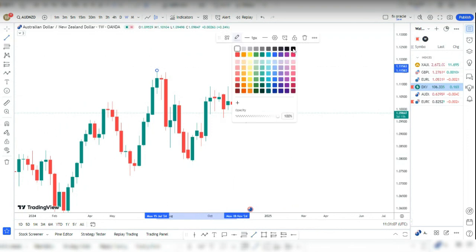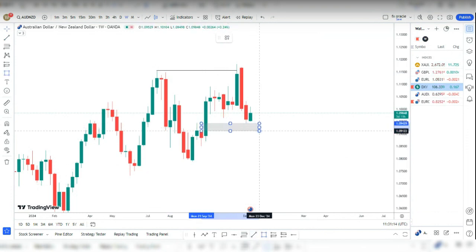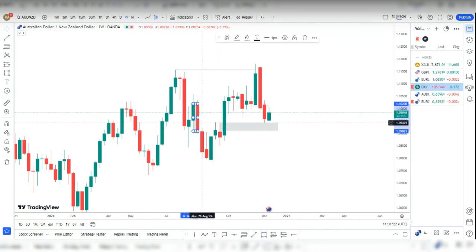So anticipate a pullback. Currently, this is where price is reacting to, this down close candle here. Why is price reacting here? Because this is a supply that failed here. So definitely the demand must be active. So that's why we have this reaction here.